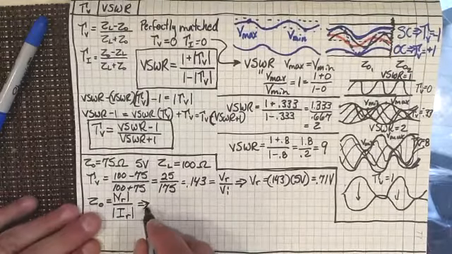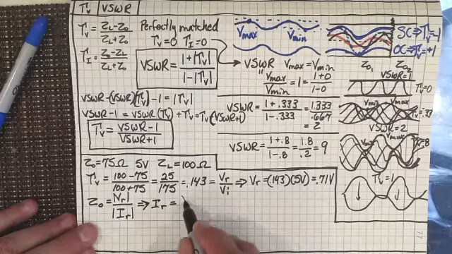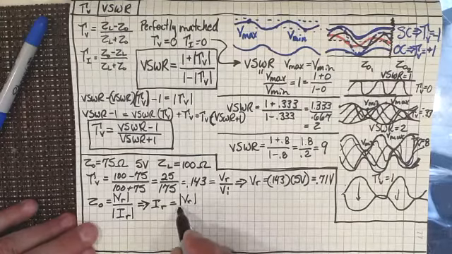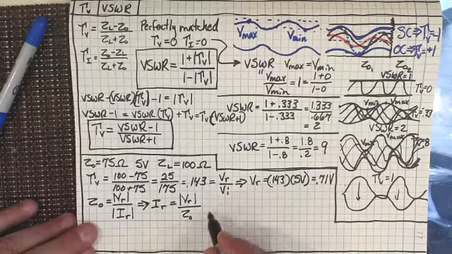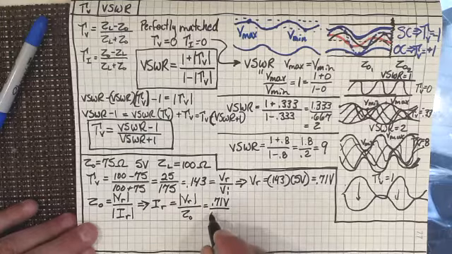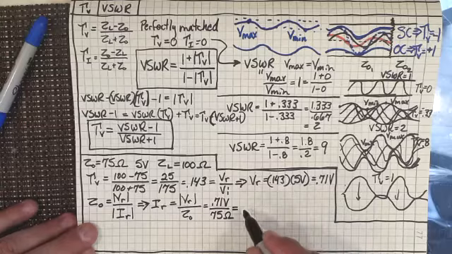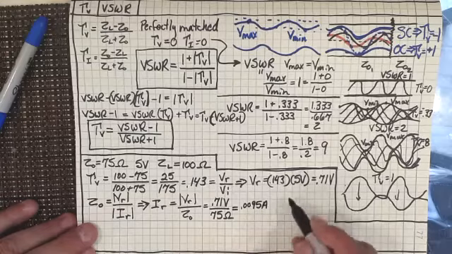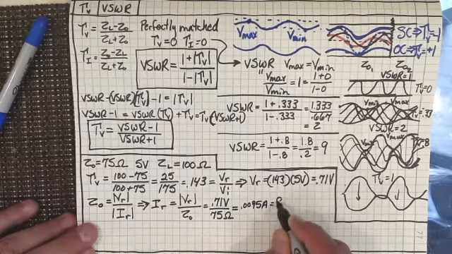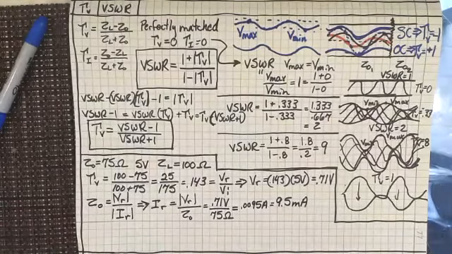So if I wanted to find my reflected current, it would just be my reflected voltage, the absolute value of that, divided by my characteristic impedance. So that's 0.71 volts divided by 75 ohms. And that tells me that my reflected current is going to be 0.0095 amps, or 9.5 milliamps.